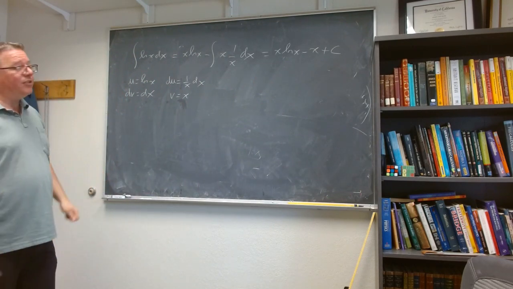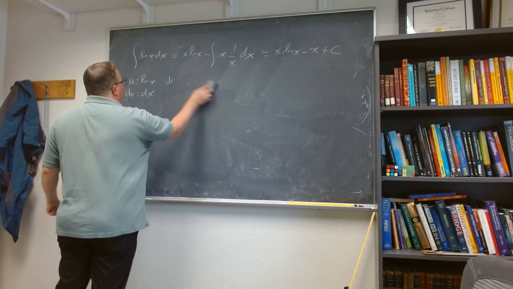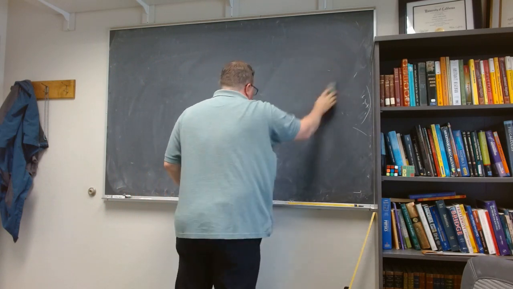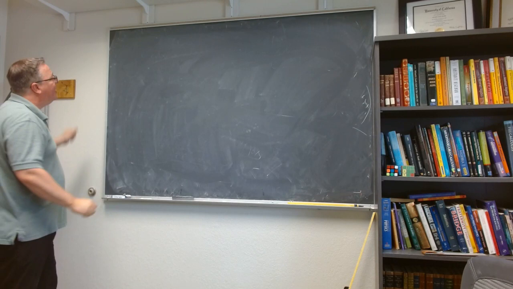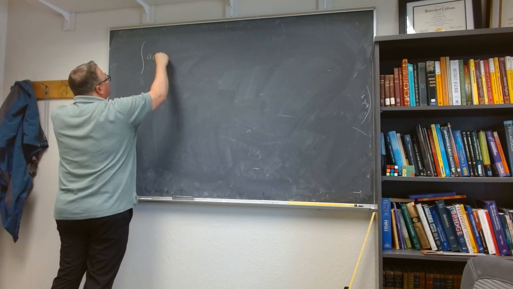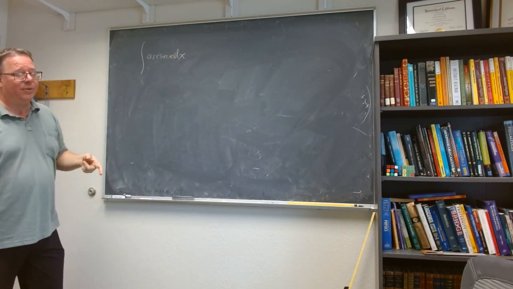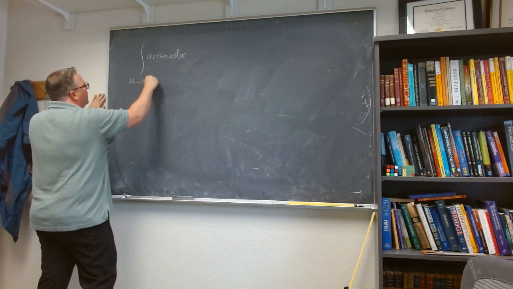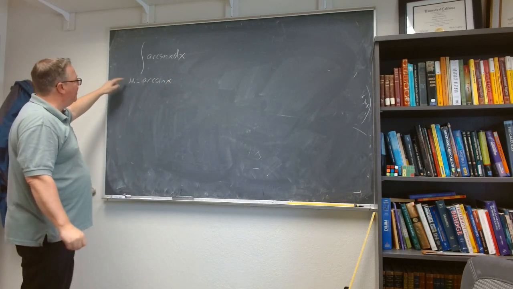This isn't the only function that we can now find an antiderivative for like this. Let me show you how we do arcsine. Right? So in the first video, we found how to find the derivative of arcsine. To integrate arcsine, we're going to use integration by parts. And we're going to set it up just like we did with the natural log, so that u is going to be the arcsine of x. We can do this because we now know how to find its derivative.